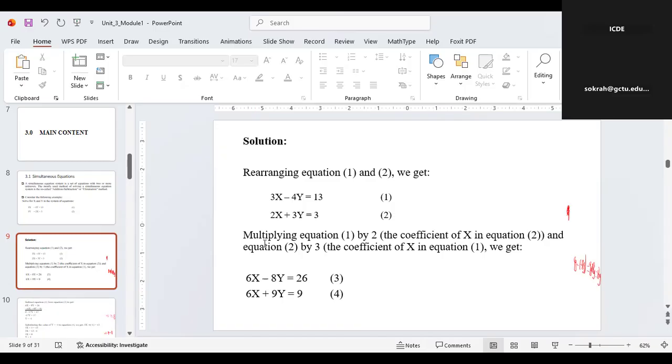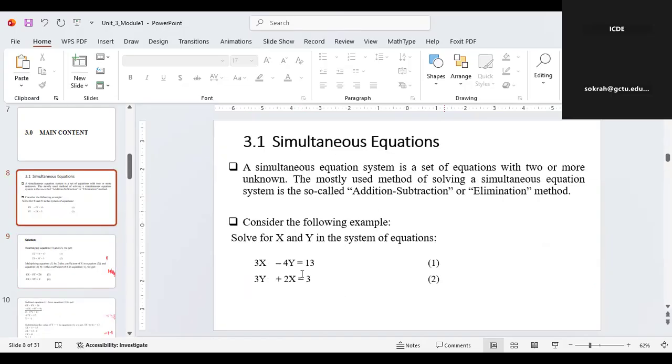Okay, so I rewind. Or you want me to start from the beginning, then let me go back and start from the beginning. These are the two equations, and we want to use the elimination method to solve. If we are using the elimination method, then we have to make sure the arrangements of the variables in both equations are in the same order.